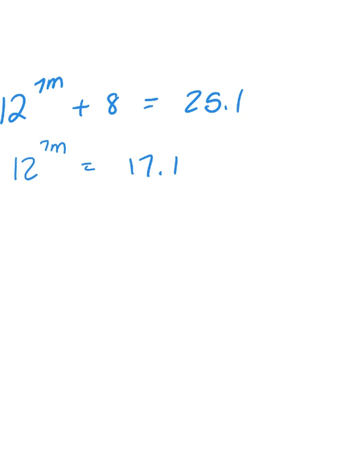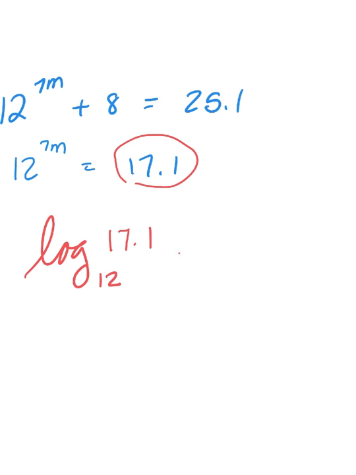So what you do is you put log, and the base goes here in small print, and the base is the guy that's holding up the exponent, so it's the 12. And then you put the answer, which is 17.1, equals the exponent.